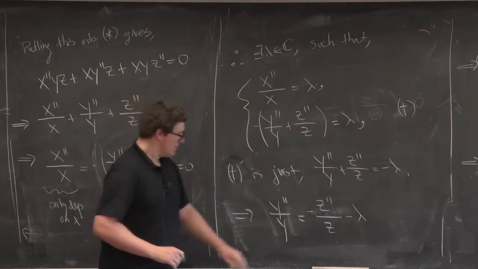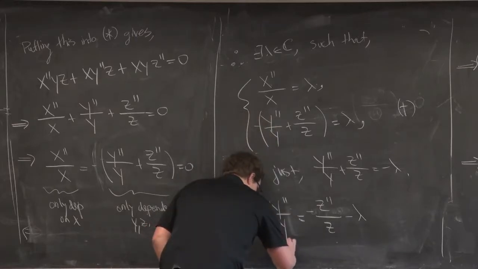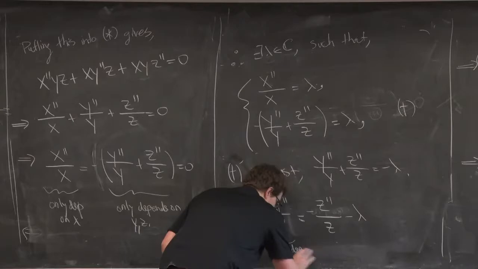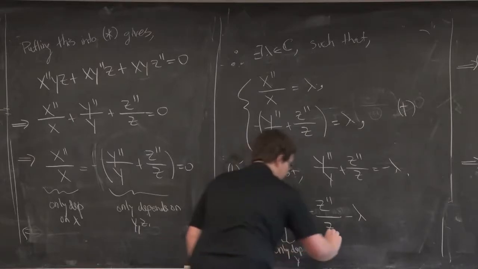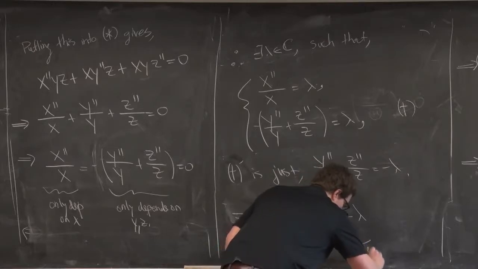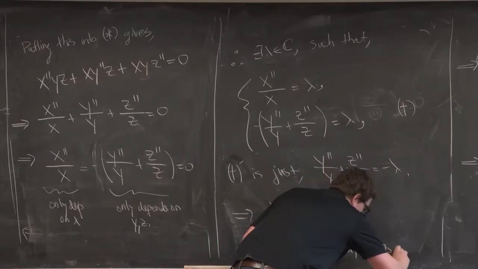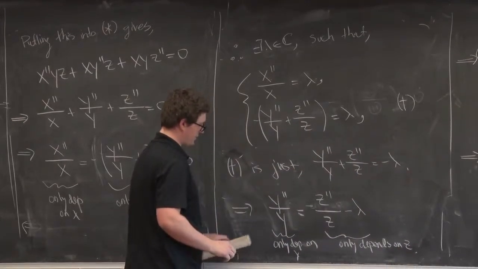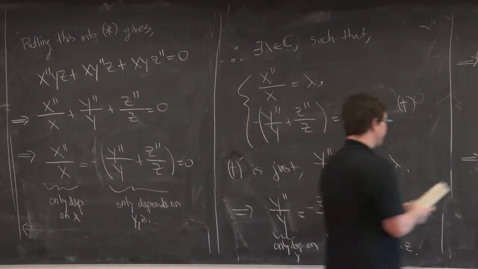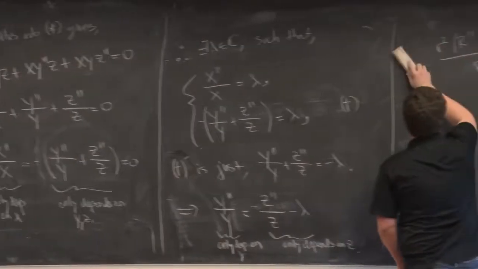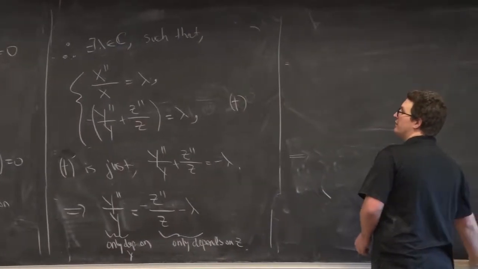Okay? So this thing only depends on y. This thing only depends on z, right? Little z. Okay? So this tells us that these two things must be equal to some constant.